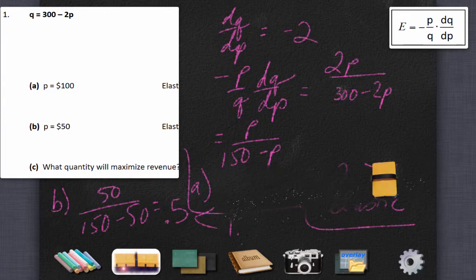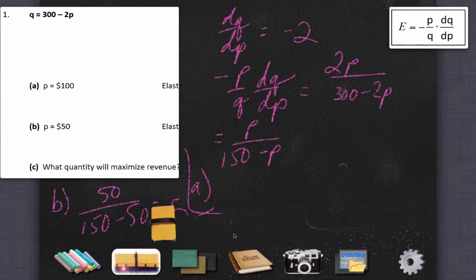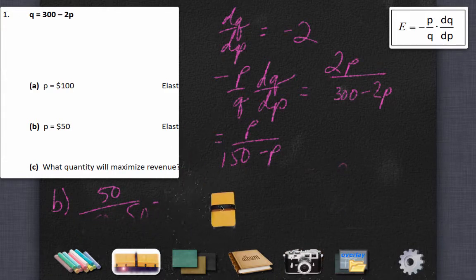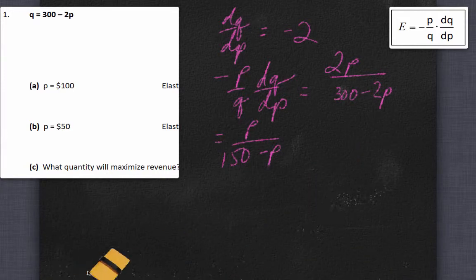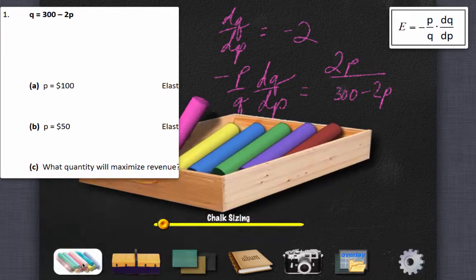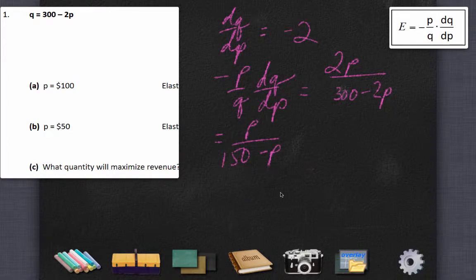Now we wanted to know, where is revenue maximized? Well, remember that revenue is maximized when the elasticity is 1. Well, since I have the elasticity here, I'm just going to set it equal to 1.